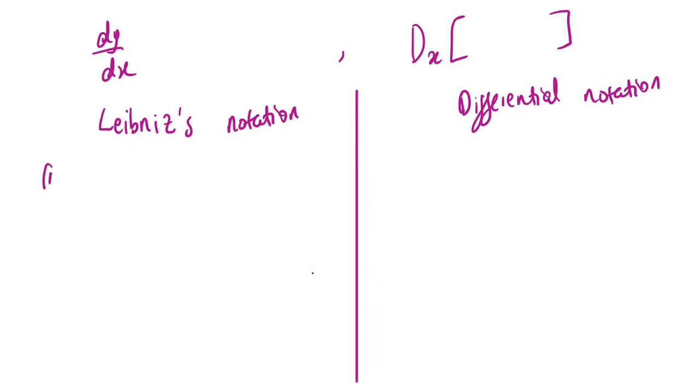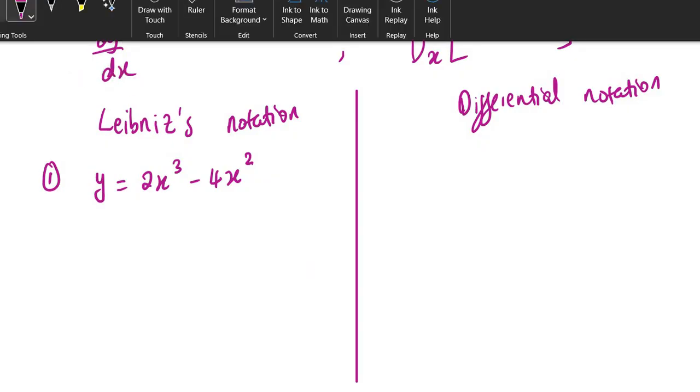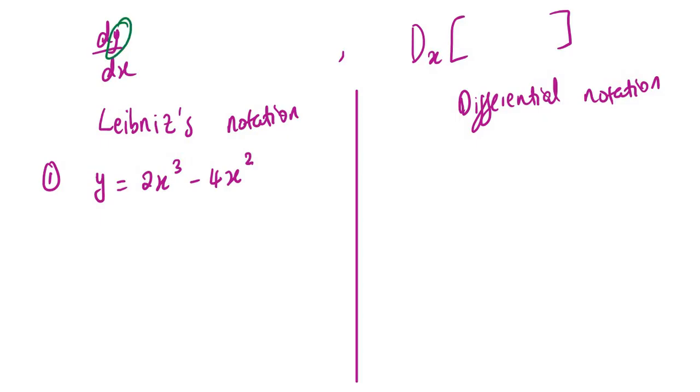For example, number 1, let's just say I have y is equal to 2x cubed minus 4x squared. What this notation tells you is that at the top there, whatever the variable is, is the subject of your formula, of your equation, while this one is the variable we are respecting.